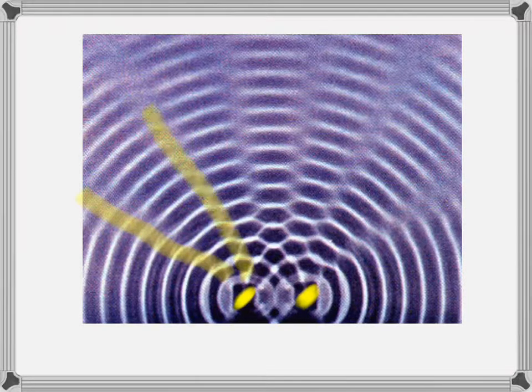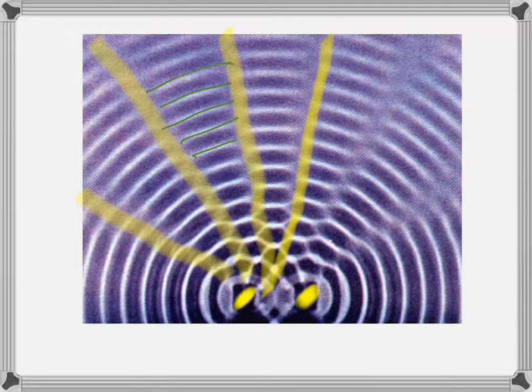The disturbances are these things, which are traveling outwards. Those are circular arcs traveling outwards. But there are lines where there is no disturbance. Those are the areas of destructive interference.